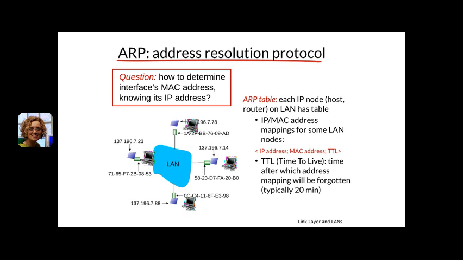Now, when B receives this ARP query, because B knows its IP address, it will reply to A with its MAC address. And then the frame is sent to A's MAC address, and A's ARP table is updated. Actually, you can see your ARP tables if you're a super user.